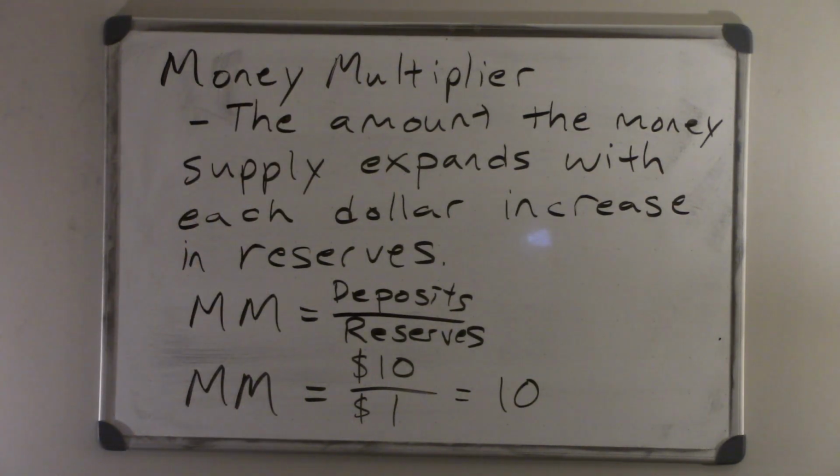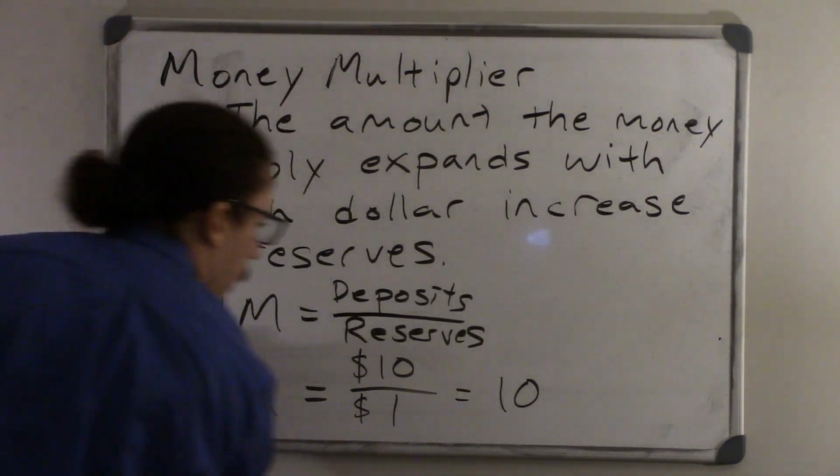In the case of our example earlier, $1 held in reserves for every $10 deposited, our money multiplier will be 10. So what do we use this for? We're talking about the amount by which the money supply expands when we have an increase in reserves, and that's exactly what we're going to use it for.